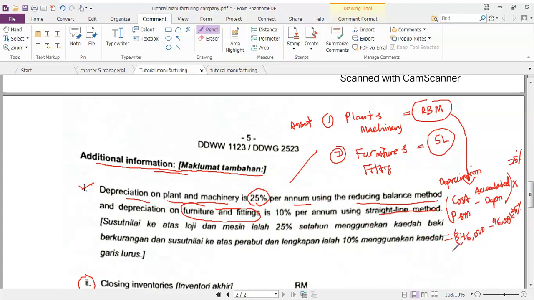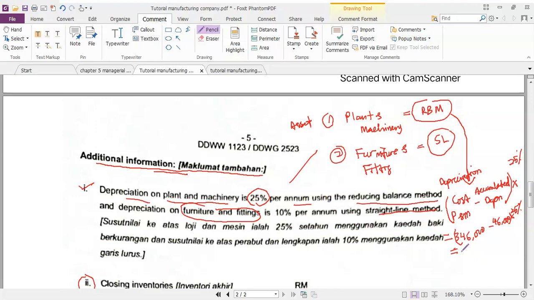Okay, can you calculate for me what is the answer? Okay, how much? 652.